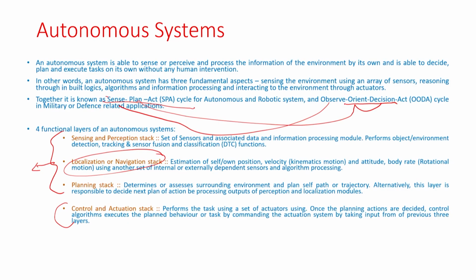What is range? Range is the distance between my vehicle and the actual world. So, it is a relative distance from the target to your vehicle. You need to know your location. If you do not know your location, you will not be able to model the range. That is what the navigation system is all about.